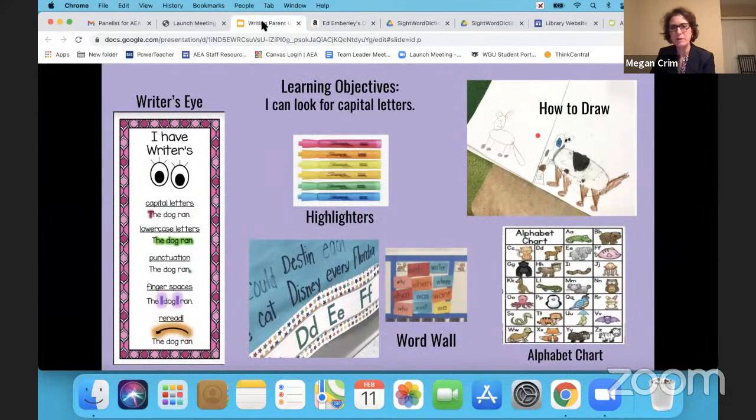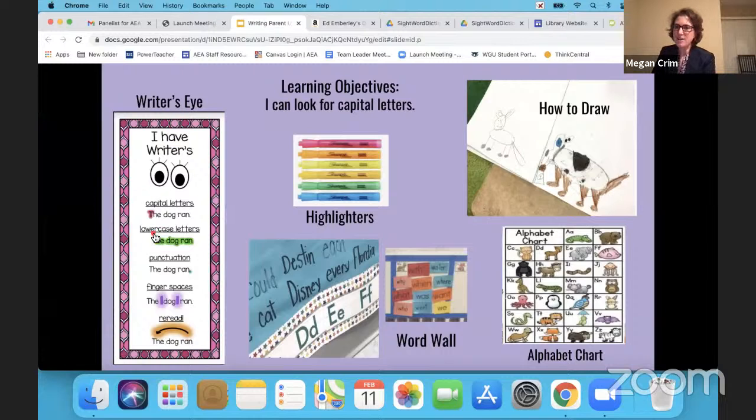And for some kids, it's super frustrating. But at home, if you do how to draw, go on the internet. Even I think Mo Willems was doing a lunch doodle with a how to draw. That is a super powerful way to encourage your kids to write and to express themselves.